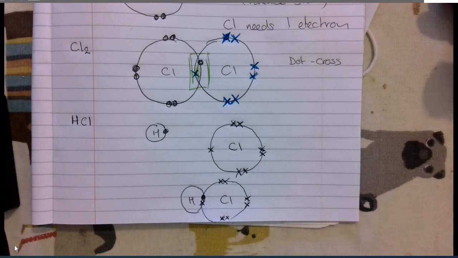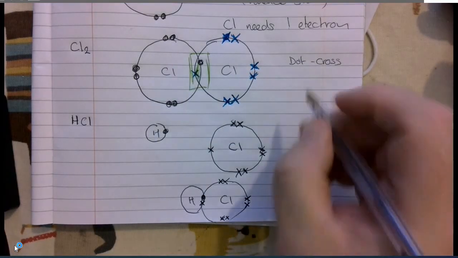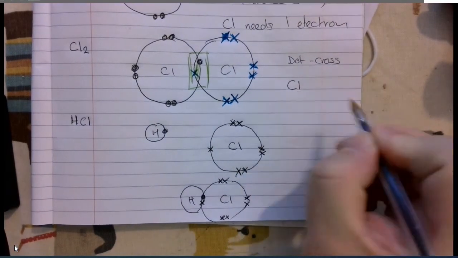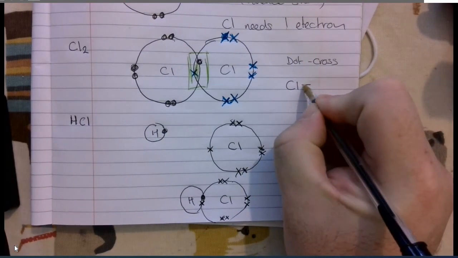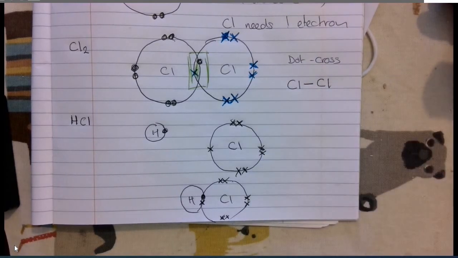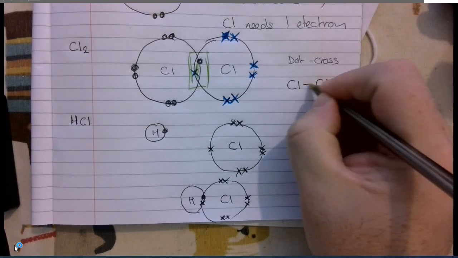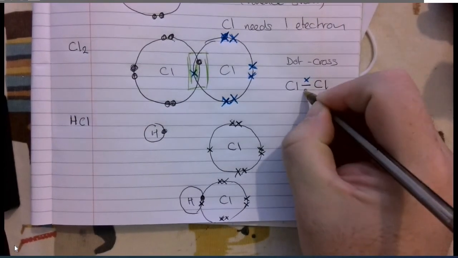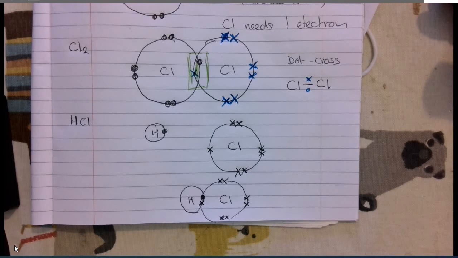Now, a step further than this, dead simple. Another way of representing that bond is if I write this down, I would write Cl and I would draw a line and then a Cl. What this actually means is this line represents the pair of shared electrons.